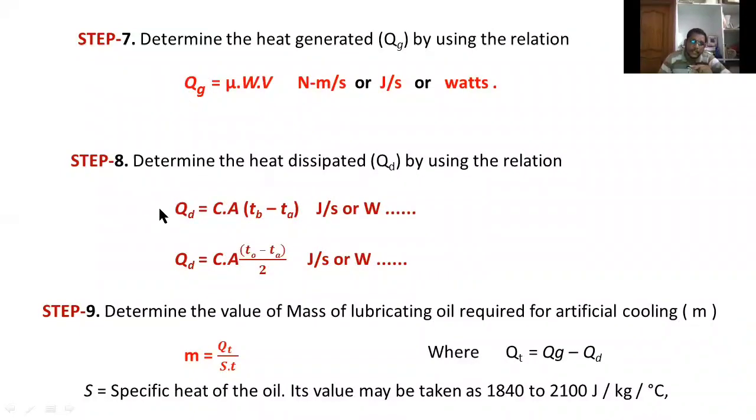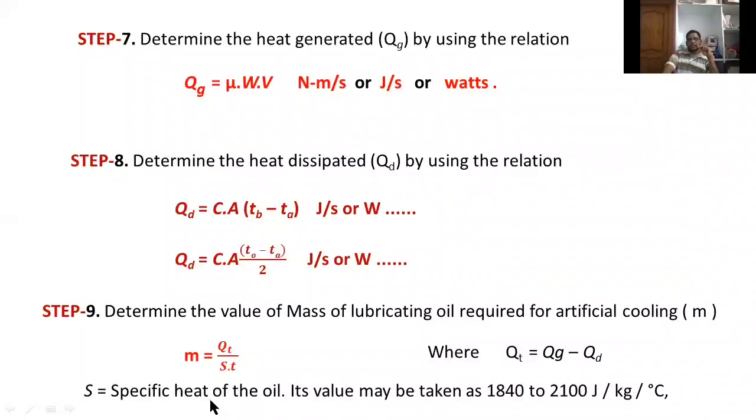In step number 8, you have to find the amount of heat dissipated. In step number 9, you have to find the mass of artificial cooling required, mass m in kg per second, where Qt is equal to the difference of heat generation and heat dissipation.